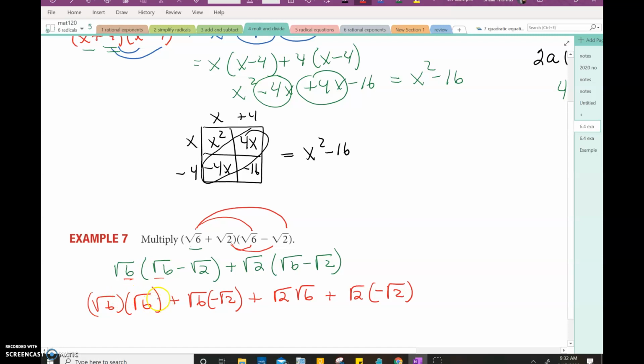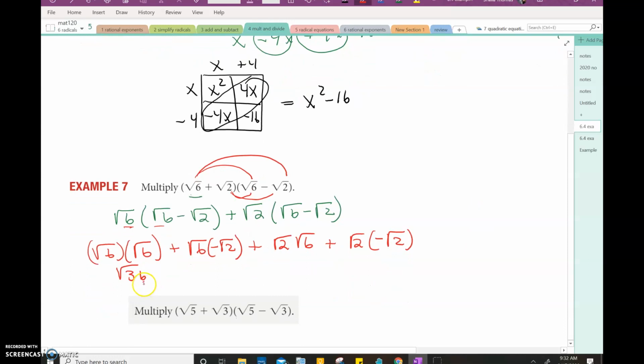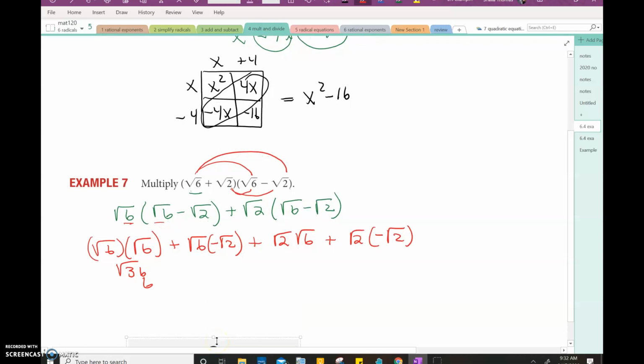So a radical 6 times a radical 6 makes a radical 36, which is just 6. And then a radical 6 times a negative radical 2 would give me a negative radical 12. You can always think, if you want in front of these radicals, you can always put imaginary ones.